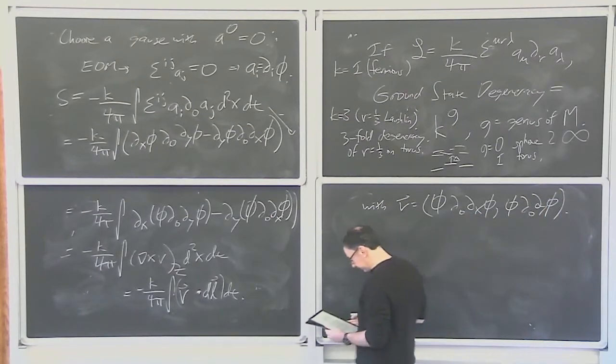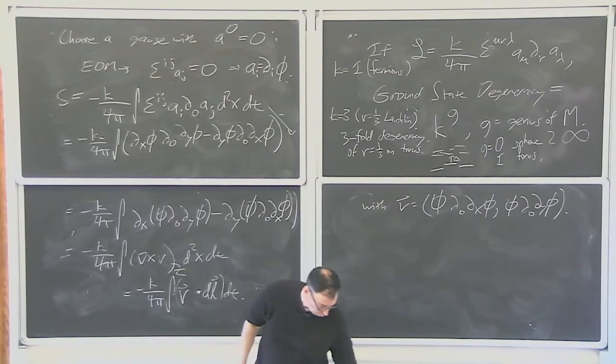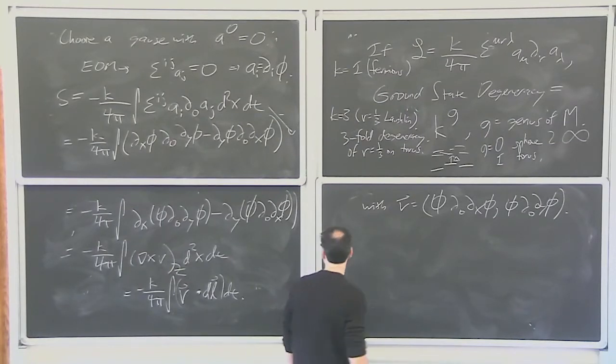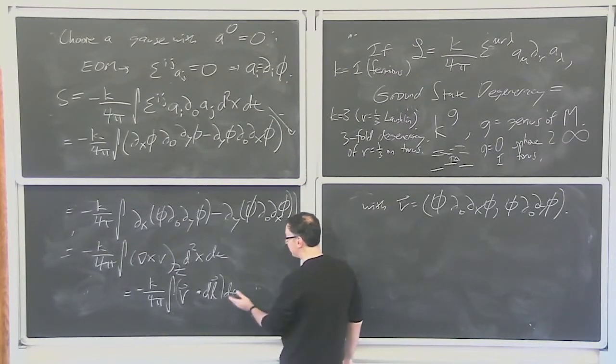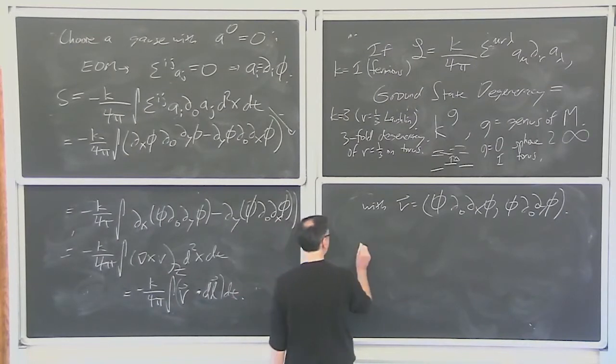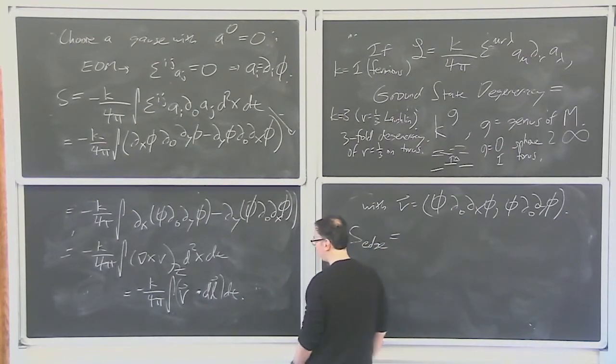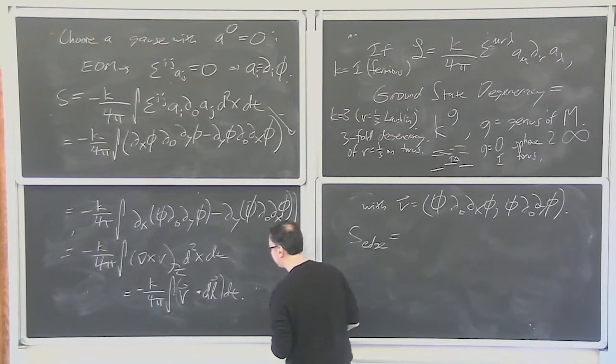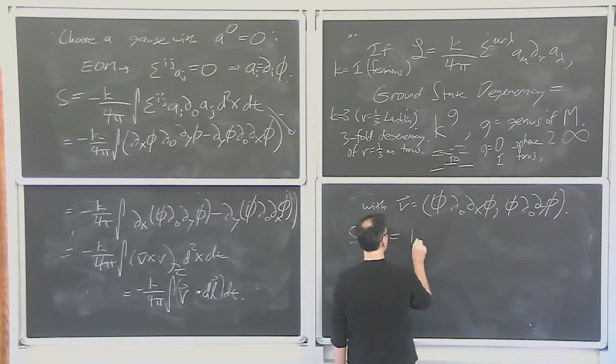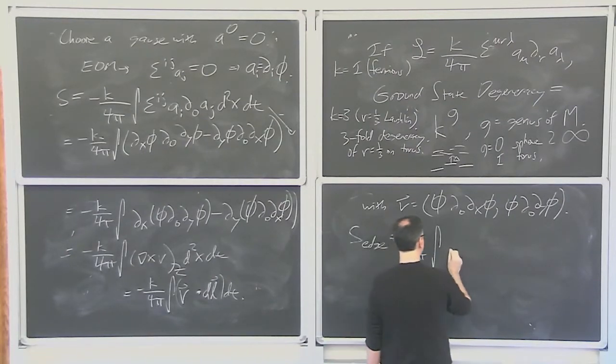All right, so the way we normally write this theory, let me do one integration by parts to make it look a tiny bit familiar. So what we've gotten is that S edge, or if you want, you could think of it as the theory we should add to fix the gauge problem of the bulk, will be like k over 4 pi. I'm going to use an integration by parts to move one of these derivatives there.